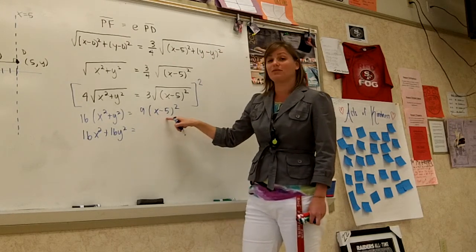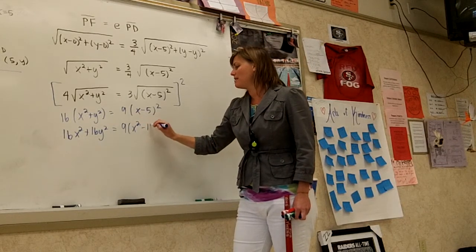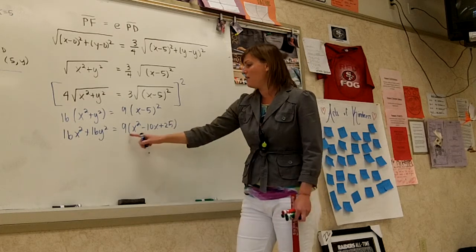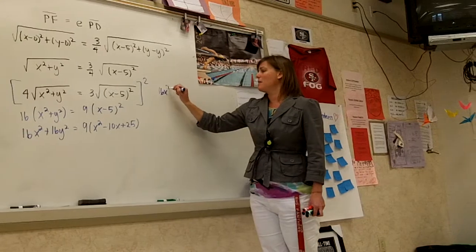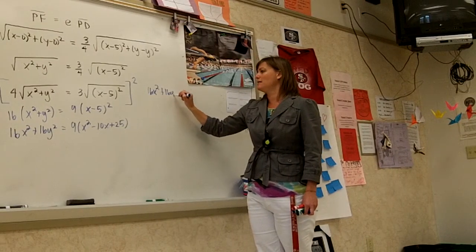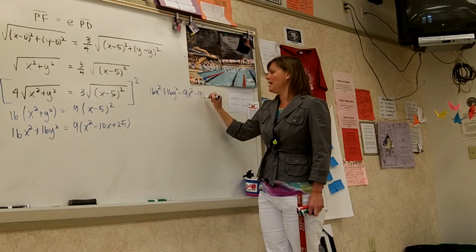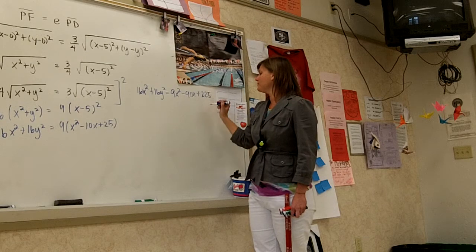And you get to practice your foiling skills, the first one squared, twice their product, plus the last one squared. And now distribute that again. So I get 16x squared plus 16y squared is equal to 9x squared minus 90x plus, oh my gosh, 225.